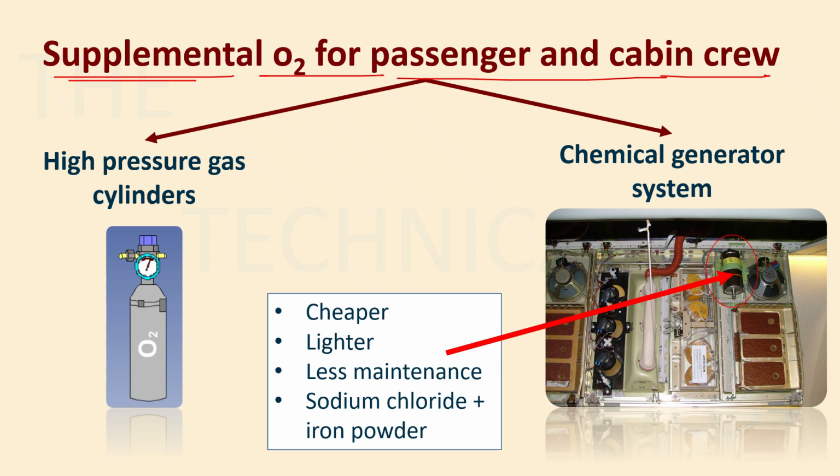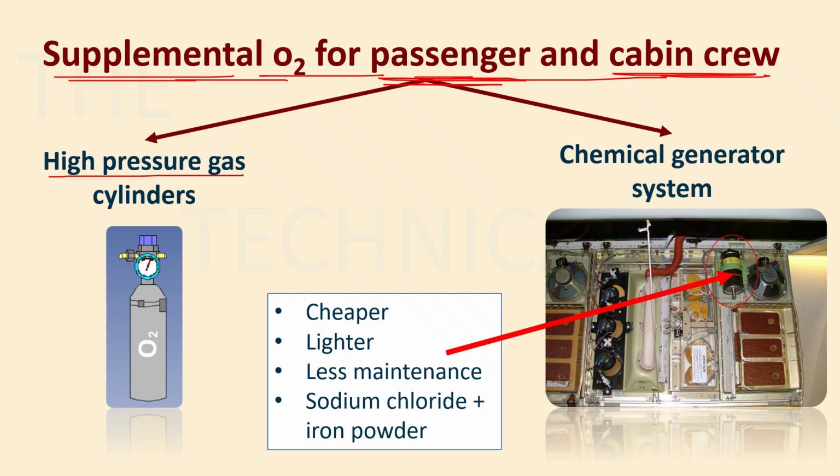If you have flown in an aircraft, you might have seen the cabin crew guide us about wearing the mask. Those are your supplemental oxygen for us as passengers and for the cabin crew. There are two types of systems for supplemental oxygen. What are those two kinds of systems?